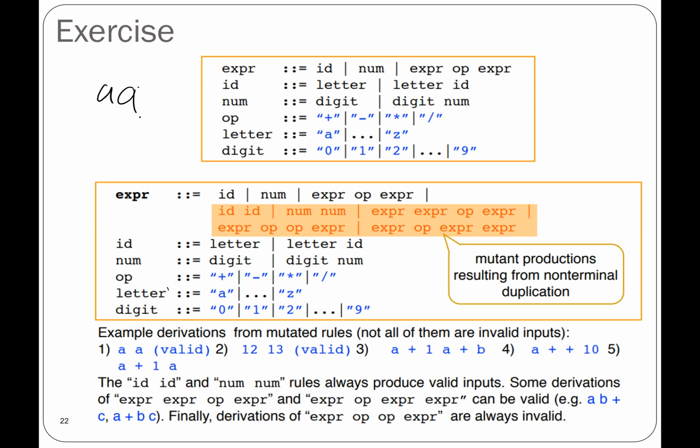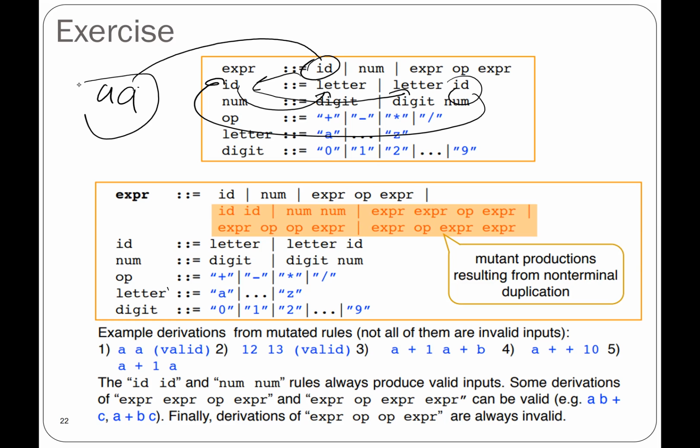I look over here and realize it fits this one. But then as I go down over here, I realize it fits this one over there. Then it's going to recursively go back over here, and then it goes to the letter. So this is the second A, and I would have had a valid string.